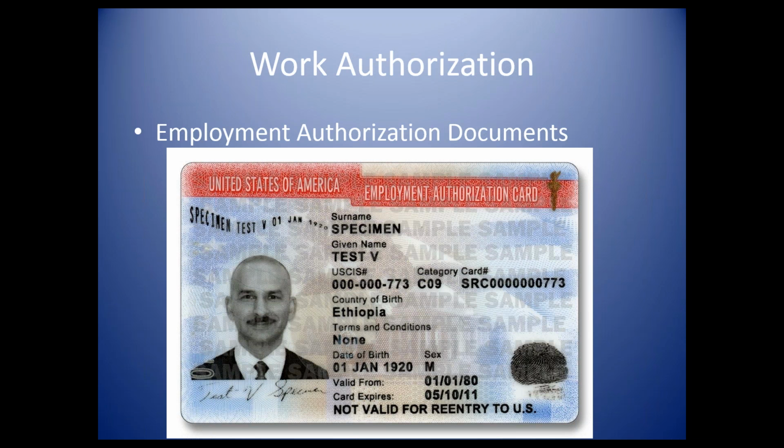And also, when you have an employment authorization document, you are eligible to apply for a driver's license and a social security number. Now, it's also maybe helpful to note, just because you have a social security number does not make you a U.S. citizen. A social security number for a non-immigrant just gives you the privilege of paying income tax to the United States.